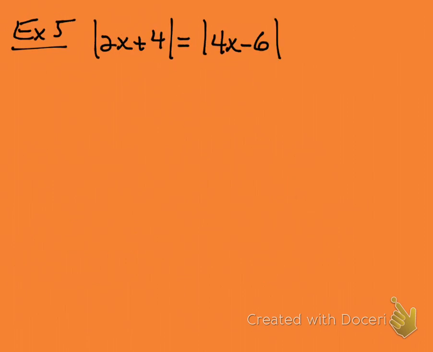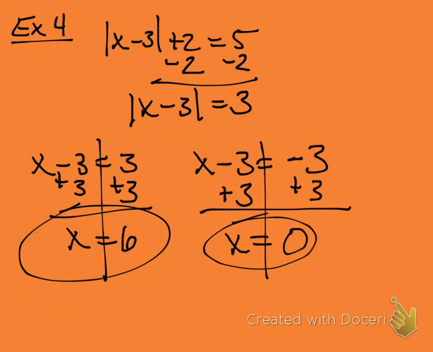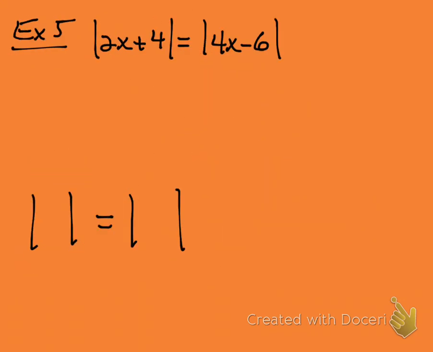Okay? Example 5. What? 2 absolute values. How are we going to do this one? Okay. Think about it this way. If I said the absolute value of something is equal to the absolute value of something else, and they were both 3.